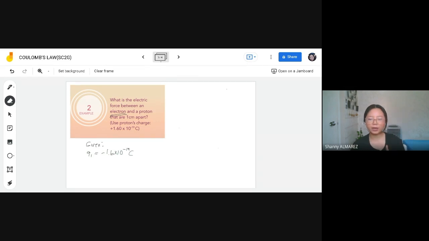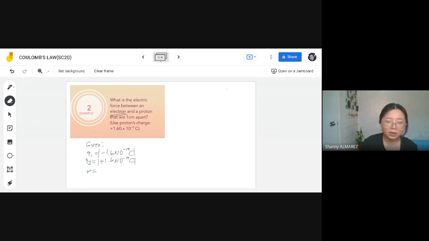However, please take note that we will use the absolute value. Next, Q2, we have, ito naman positive, so walang problema. 1.6 times 10 raised to negative 19 coulomb. But still, we have to use their absolute value. This time, we have in our distance, R dapat yung aking notation.